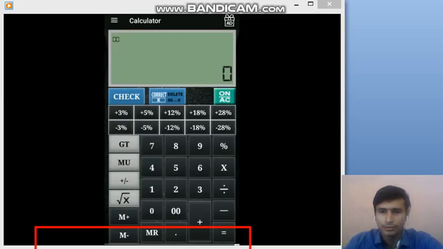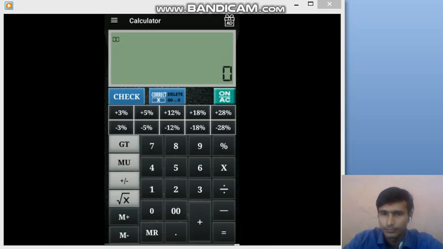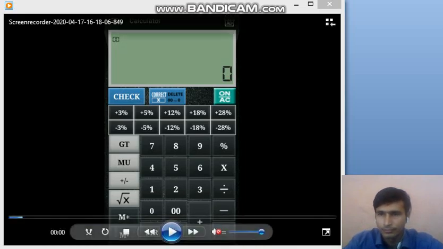Let us take the demonstration in a calculator. If you want to find the antilog of 3.2881, we don't write the whole value 3.2881, we only write 0.2881.